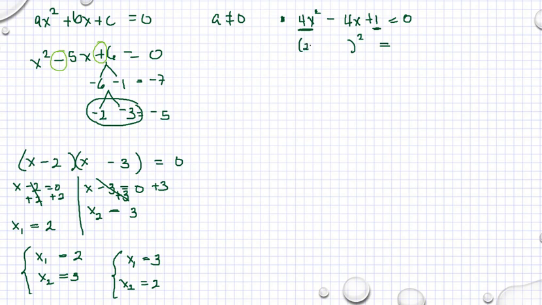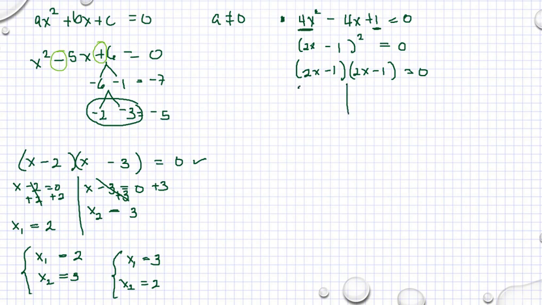We have 2x subtracted by 1, raised to 2, is equal to 0. If I put that in this way, then we have 2x subtracted by 1 and then 2x subtracted by 1, both of them in parentheses.